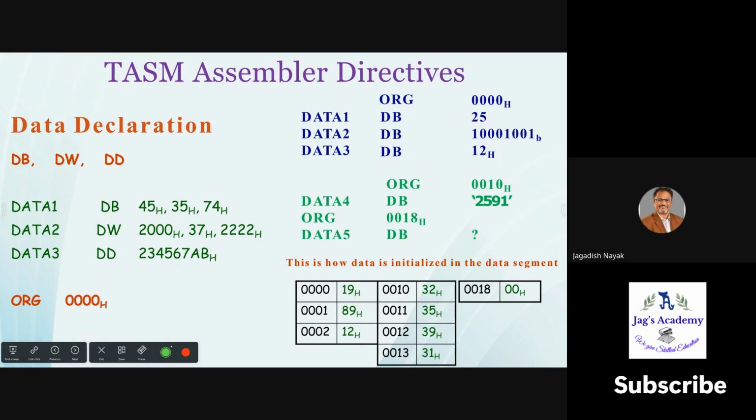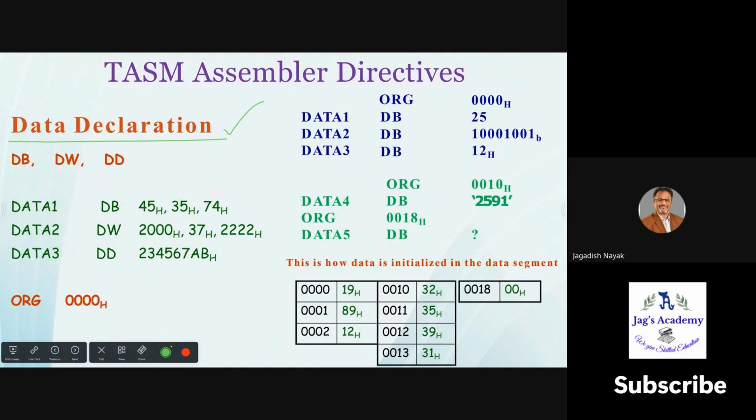Okay. So that is assembler directives, and then the data part which you are going to use in your program. See, data declaration. Let us start from the data declaration. You must have already seen that you declare the data as DB, DW, and DD.